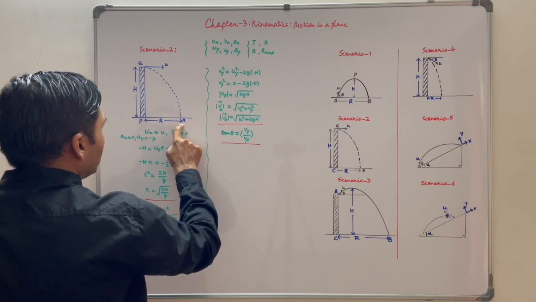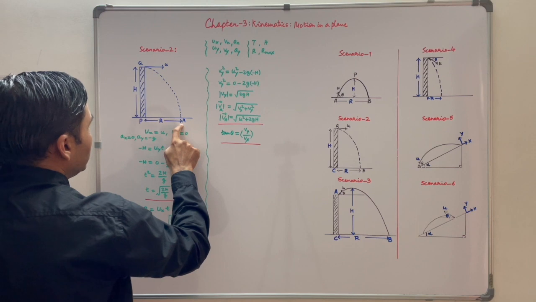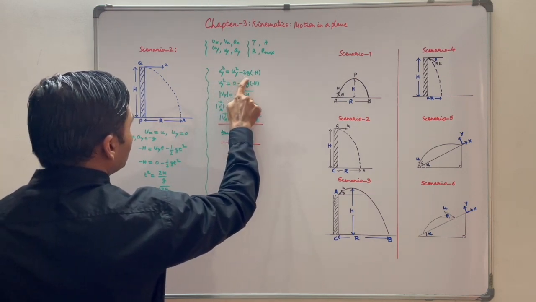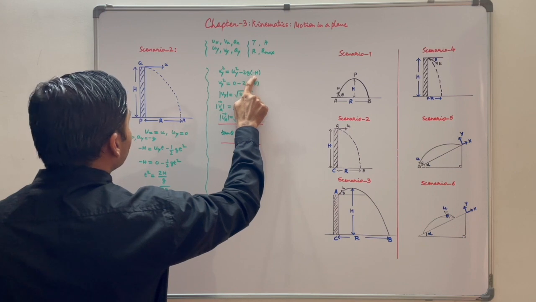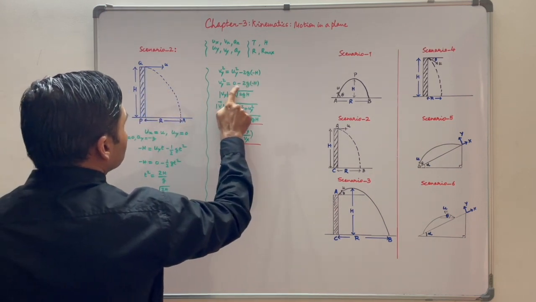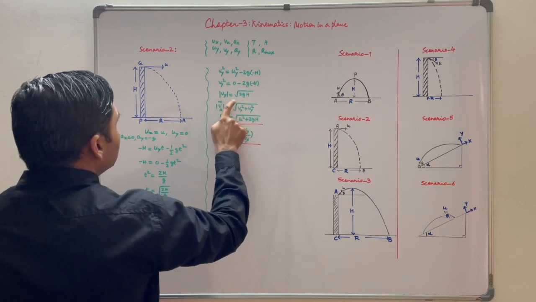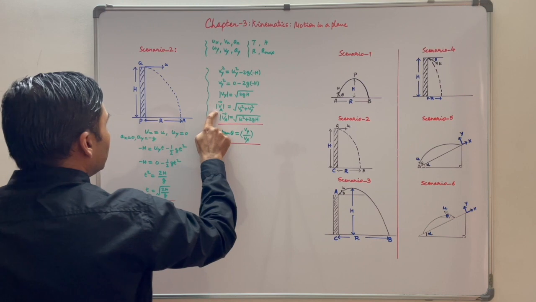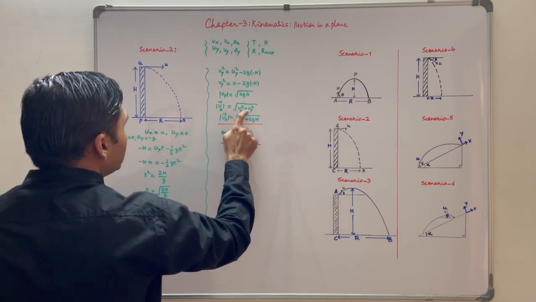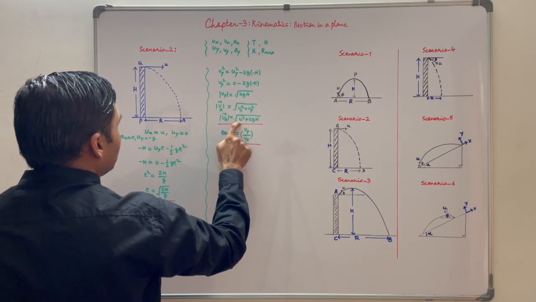Suppose we want to calculate the velocity of the particle when it hits the ground, that is Va. So vy square is equal to uy square minus 2g into minus h, as the particle is coming down. So vy square is equal to 2gh, or vy is equal to under root 2gh. So magnitude of velocity at point A will be equal to under root vx square plus vy square, and vx is the same as initial velocity.